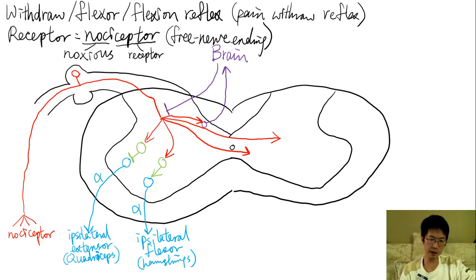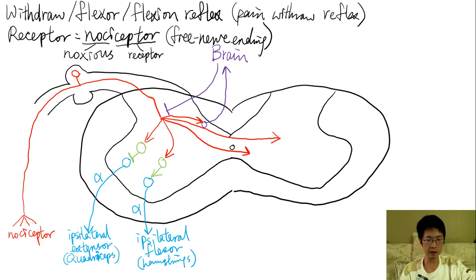The inhibitory interneuron will trigger action potential and then release GABA in this inhibitory synapse, so that when GABA binds to this alpha motor neuron, you will trigger IPSP. IPSP means this alpha motor neuron will hyperpolarize. Hyperpolarization of this motor neuron does not trigger action potential, so the extensor quadricep muscle will be relaxed.